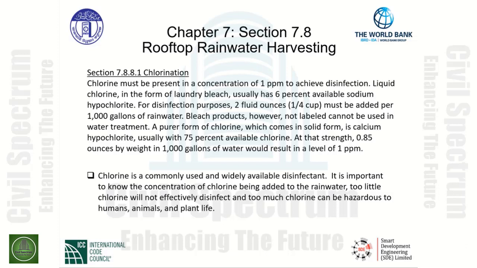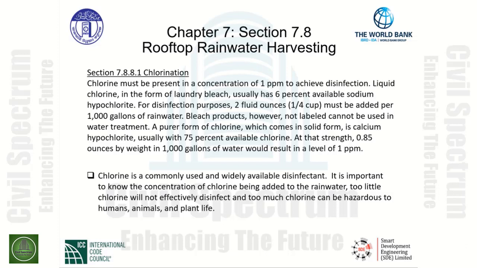A purer form of chlorine, which comes in solid form, is calcium hypochlorite, usually with 75% available chlorine. At that strength, 0.8 ounces by weight in 1,000 gallons of water would result in a level of 1 part per million. Chlorine is a commonly used and widely available disinfectant.